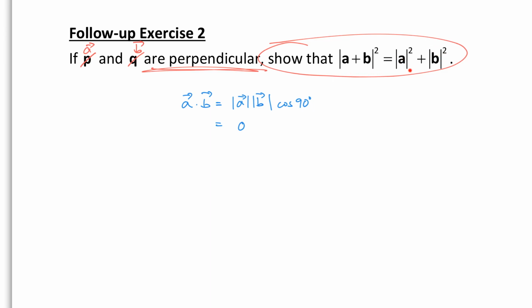For example, on your right hand side, this is magnitude A squared plus magnitude B squared. You can only change to A dot A and B dot B, but you cannot do anything more.